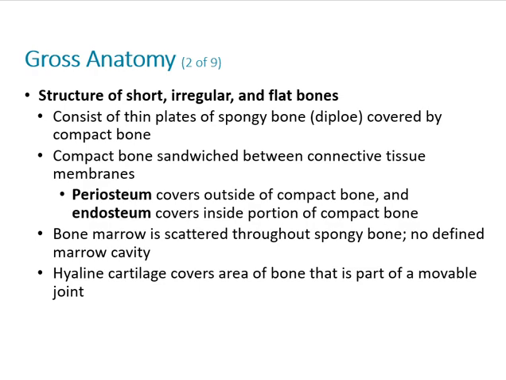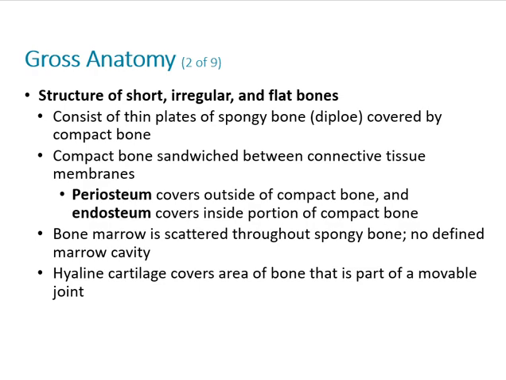So it's essentially kind of like a spongy bone sandwich, with the compact bone being the pieces of bread. Both long bones and compact bones have membranes that cover and line both the outside and inside of the bone. The periosteum is a membrane that covers the outside of compact bone, and then you have an endosteum that is an inside membrane that covers the inside portion of compact bone.